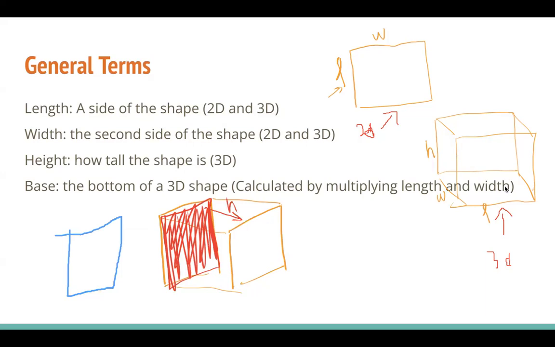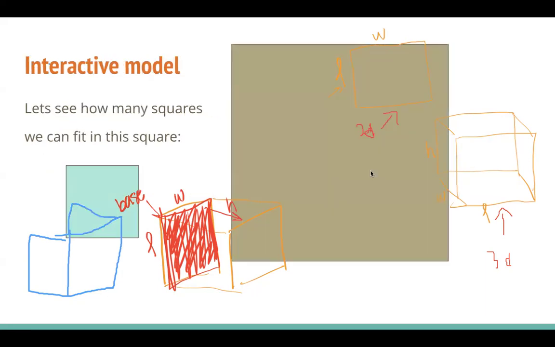So this red square over here is called the base of the 3D shape, and you calculate it by doing length times width. Okay? Okay, I'm gonna move on.